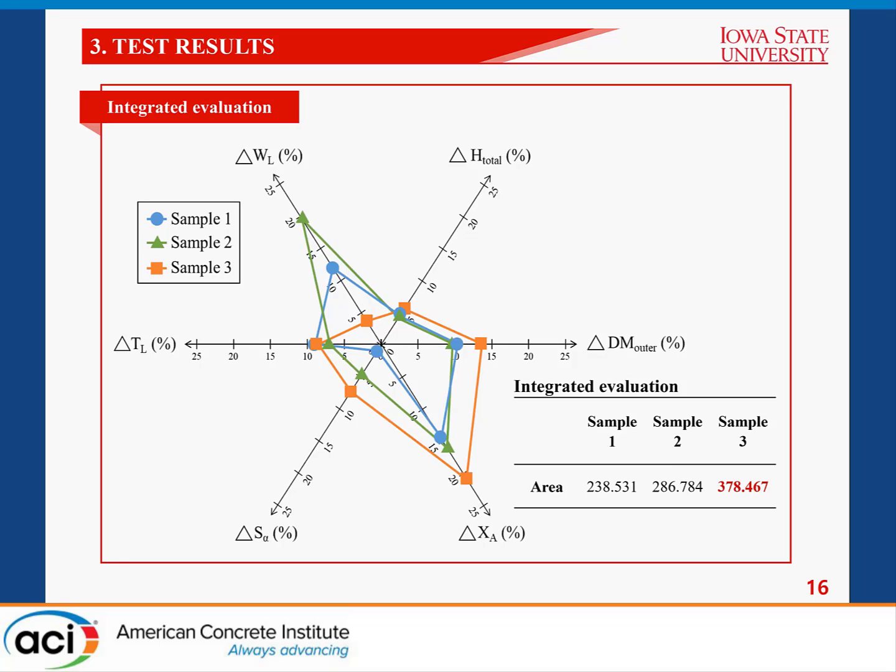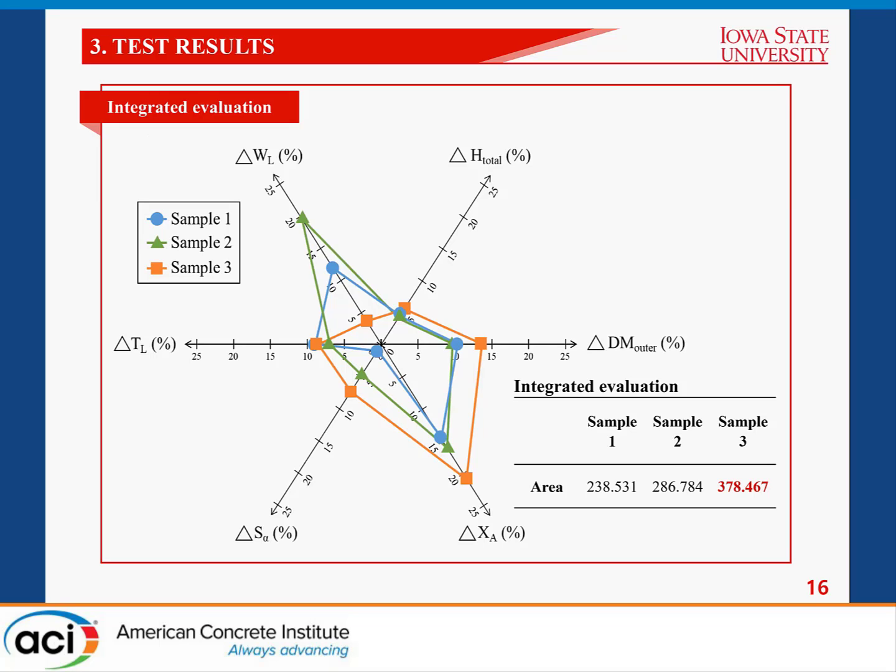Then we developed an integrated evaluation method to quantify the printing qualities of 3D printed objects, considering all test results, including layer width, layer thickness, object height, object diameter, distortion angle, and distortion area. It consists of 6 axes, and each axis corresponds to the percentage of difference between measured and designed values.